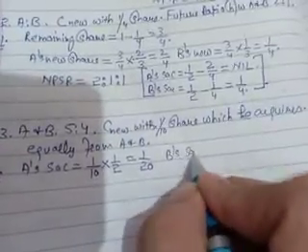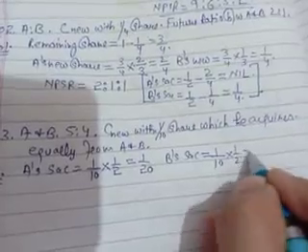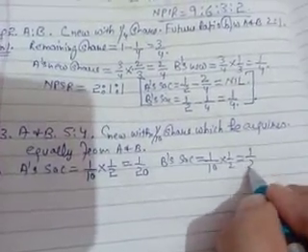Similarly, B's sacrifice will be 1/10 into 1/2, that is again 1/20.